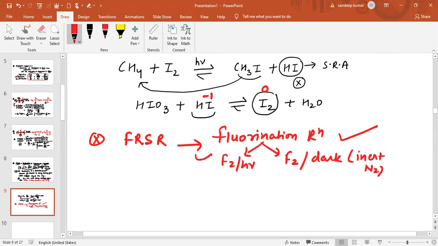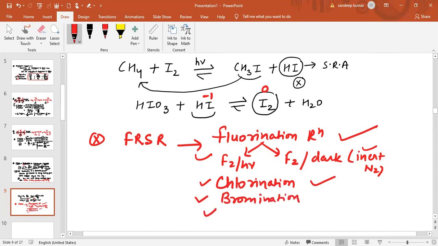Then we discussed chlorination in detail, then bromination in detail, and then iodination in detail. So all free radical substitution reactions we have discussed in detail.